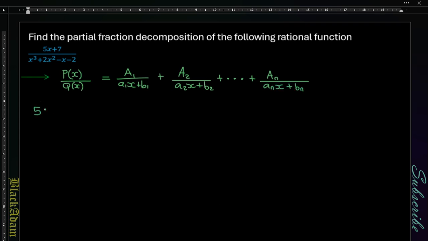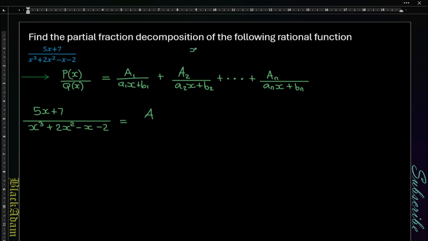Now with that in mind, we have this numerator 5x plus 7 and our denominator x cubed plus 2x squared minus x minus 2.